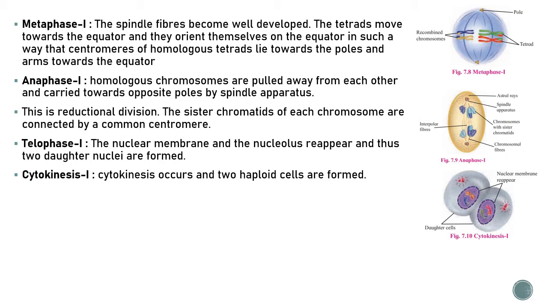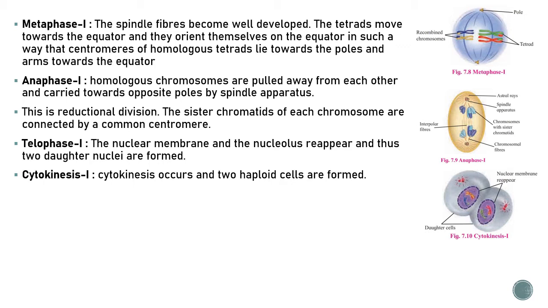The nuclear membrane and the nucleus reappear, and thus two daughter nuclei are formed. In telophase, you can see the presence of two daughter nuclei.